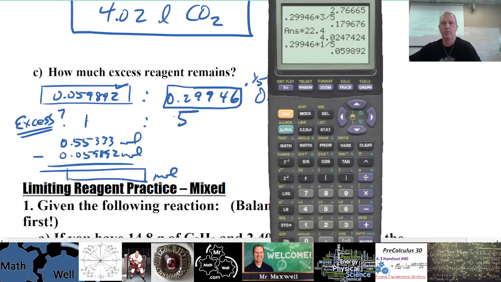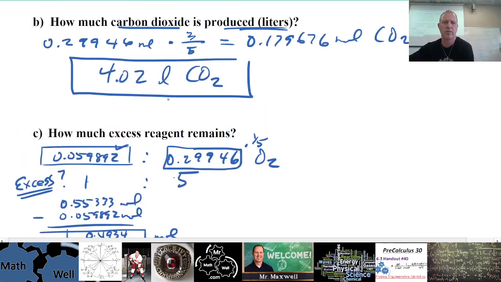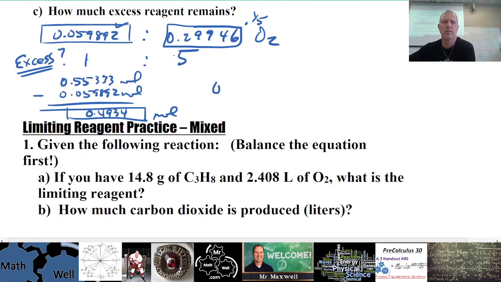So 0.55333 minus the answer from that previous calculation, I get 0.4934 moles. And sig figs at what, 3? So 0.493 moles. Now that's the answer in moles.